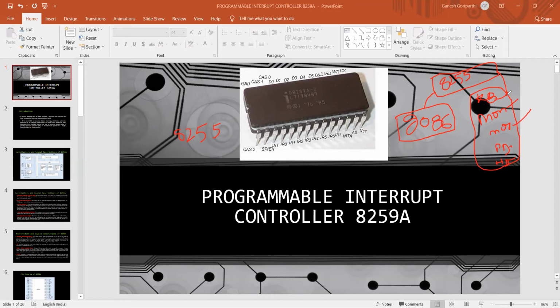Now, what is the importance of this programmable interrupt controller? First, we have to understand what an interrupt is.